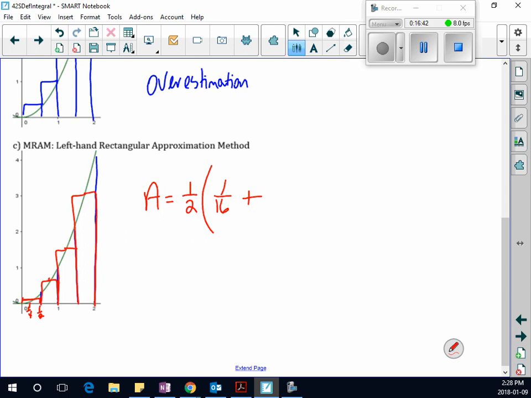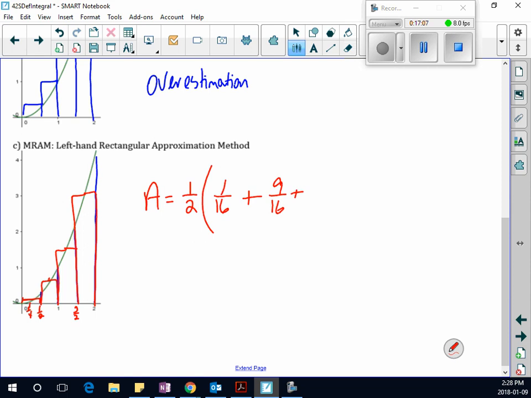So plus the next one, what's this height? That would be halfway between 1/2 and 1. So that's 3/4, right? So 9/16. So then we have a halfway mark between 1 and 1.5, because this is 1.5 or 3/2. So what would that be?